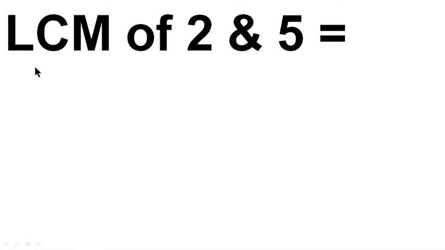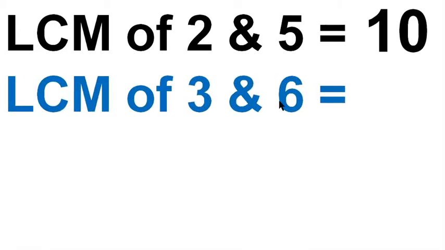Now we will show you some examples of LCM. Here LCM of 2 and 5, and here 5 is greater, so we will try to divide 5 by 2. It is not divisible, so we will multiply 5 by 2, and it will be 10, and 10 is divisible by 2, so 10 is our LCM.